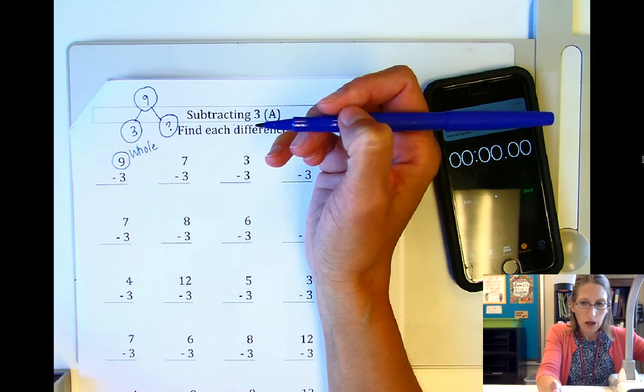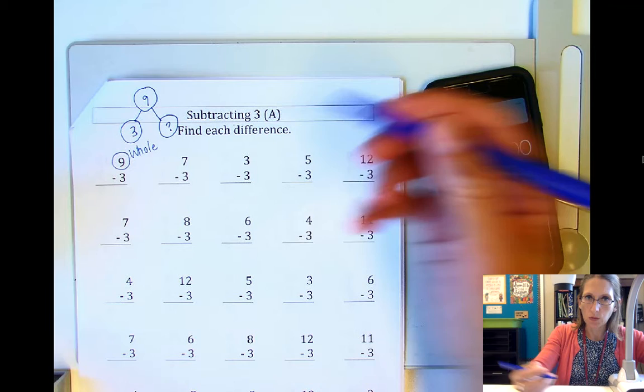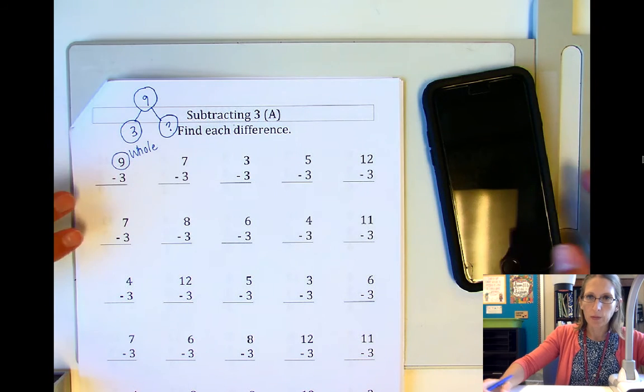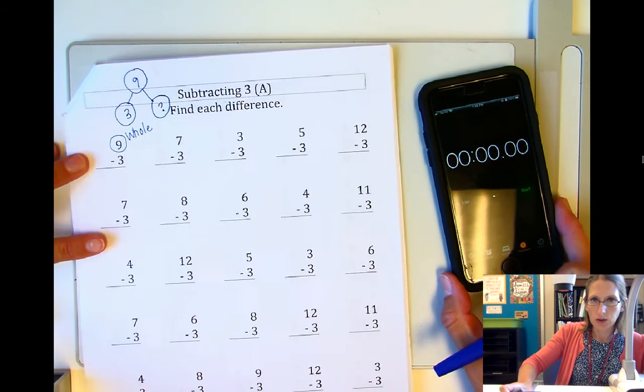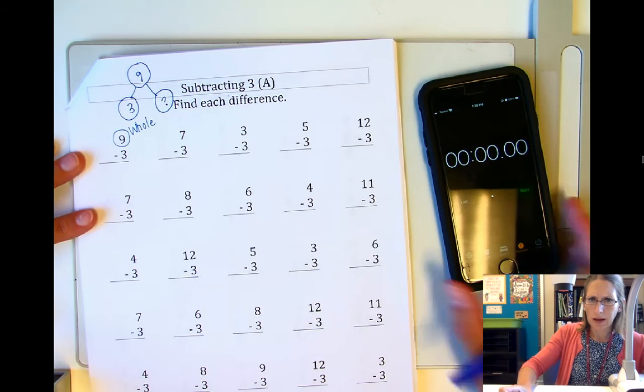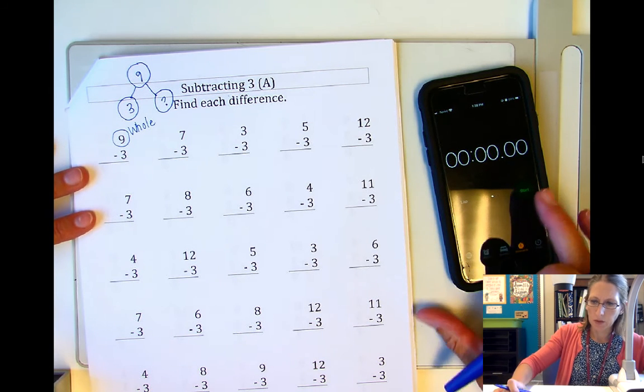Alrighty. So here we go. Let me start my timer. All right. Are you ready? Let's see if Miss Taylor can do this in, I don't know, 30 seconds. That might be kind of hard for me. All right, we'll try it. Ready?